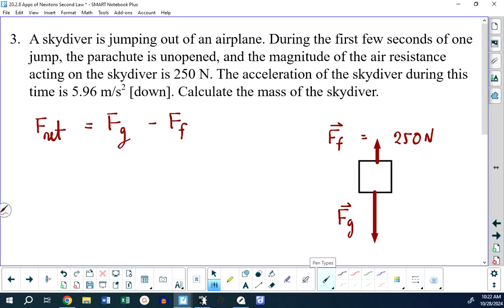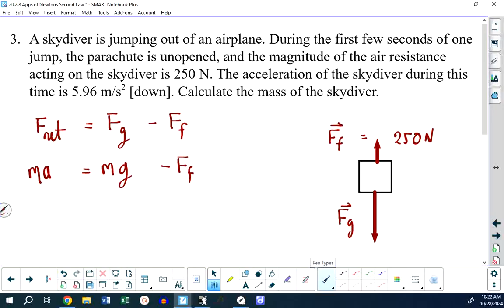And every time I say that, I feel as though I need to correct myself. The magnitude of the force of gravity minus the magnitude of the force of friction. This is ma. This is mg, and this is the force of friction, which we know the value of.